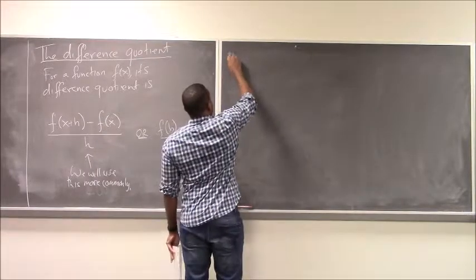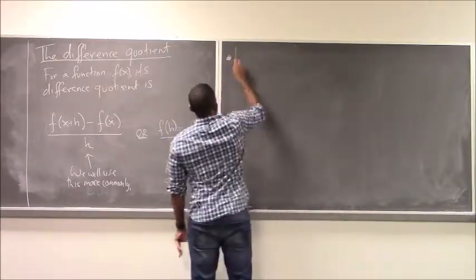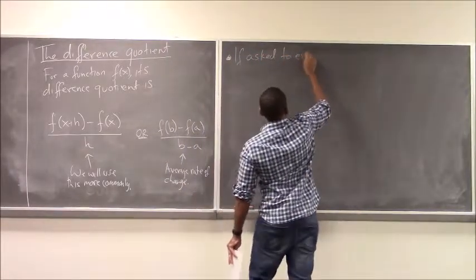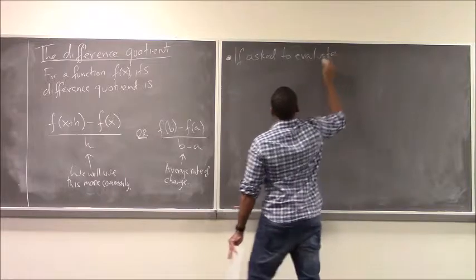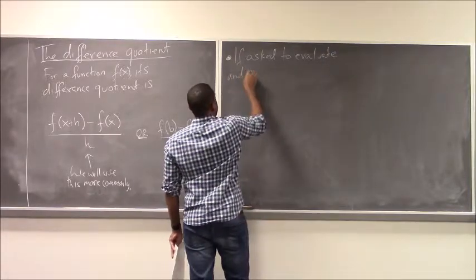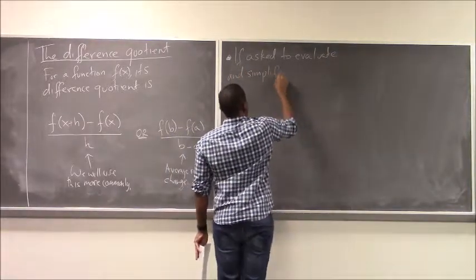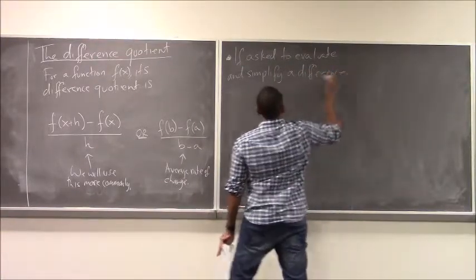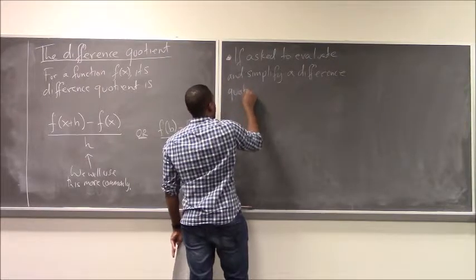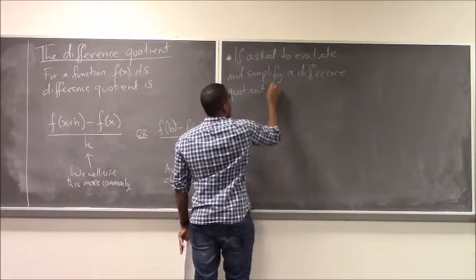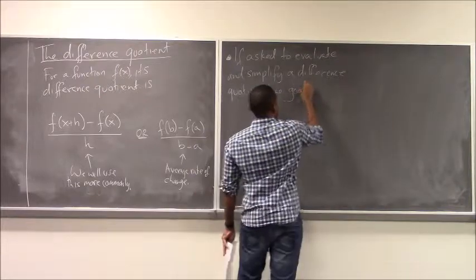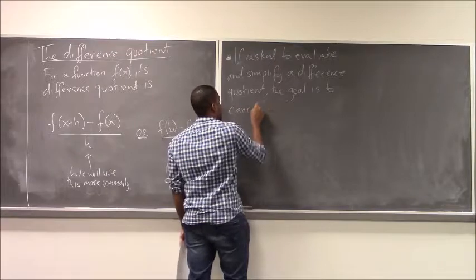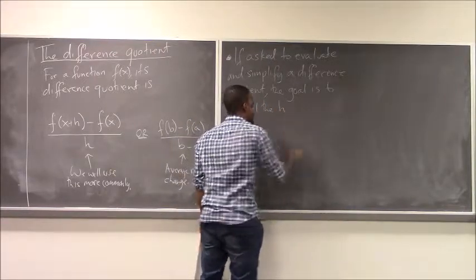One thing I want to stress here: if asked to evaluate and simplify the difference quotient, the goal is to cancel the h.